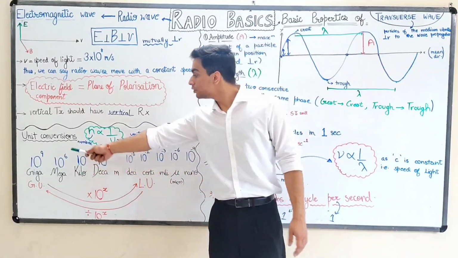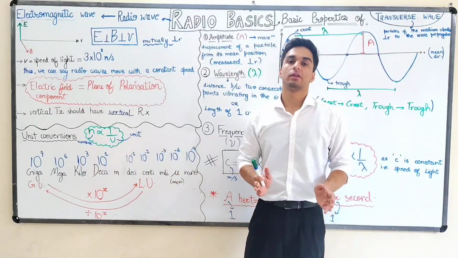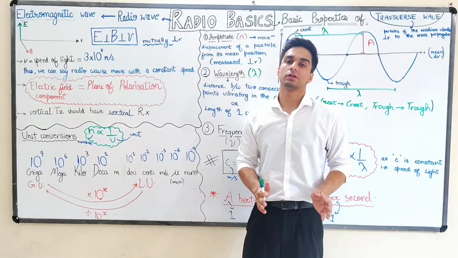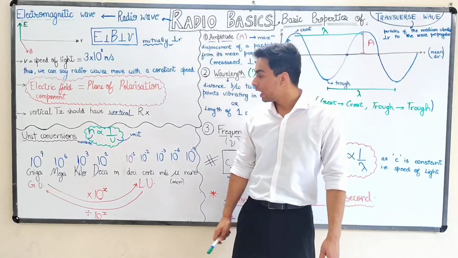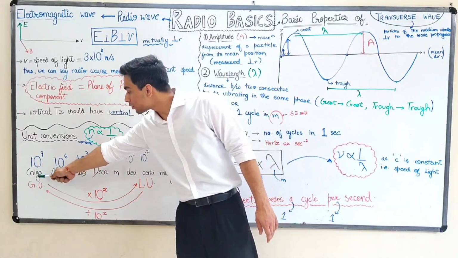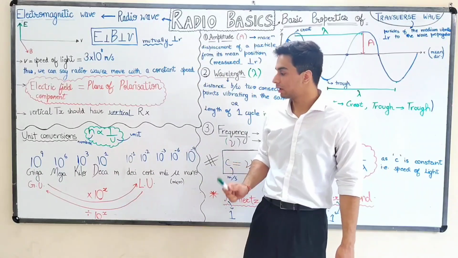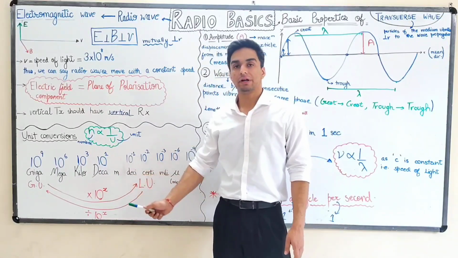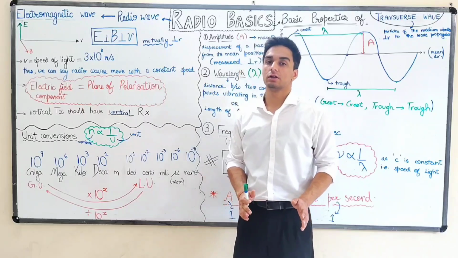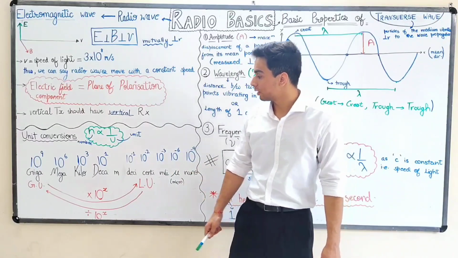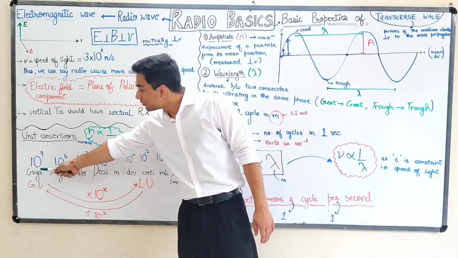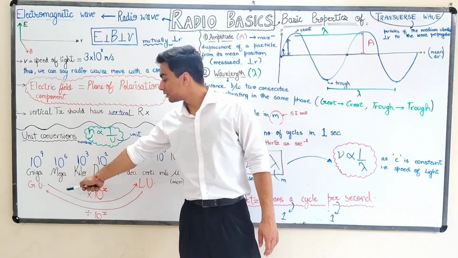Now we will see the unit conversion table that will be used in numericals related to navigation. We will be remembering naming from 10 raised to power 9 to 10 raised to power minus 9. I have written this table for meter. You can convert any SI unit with the following. Starting with giga, which is 10⁹ meters.